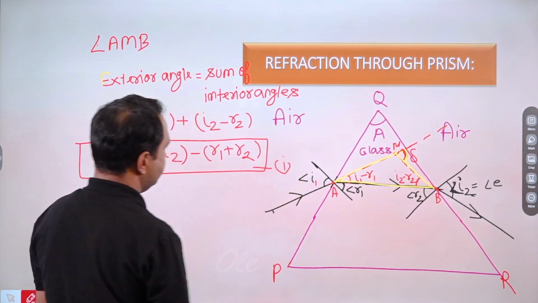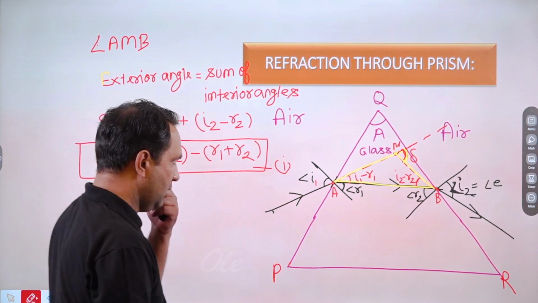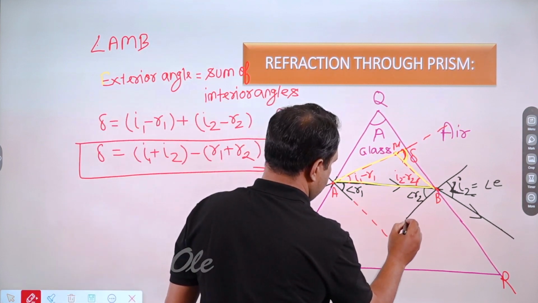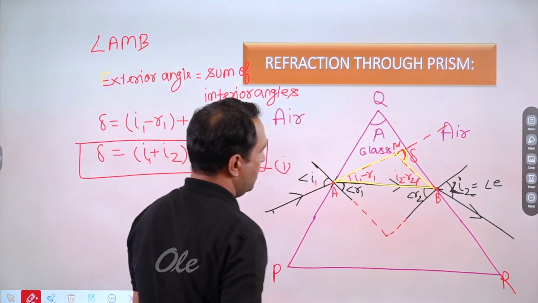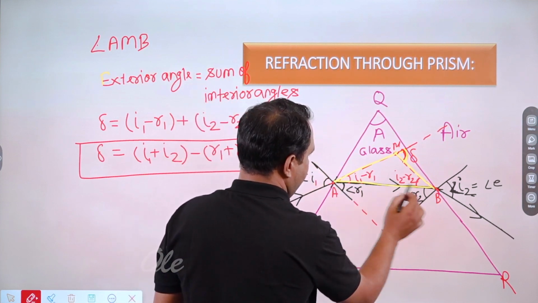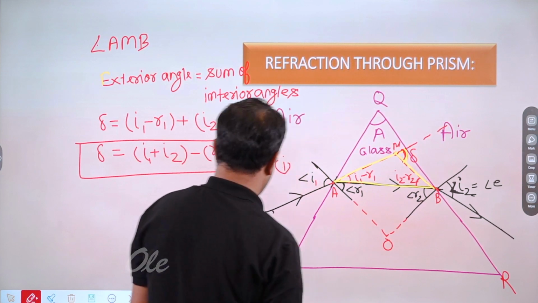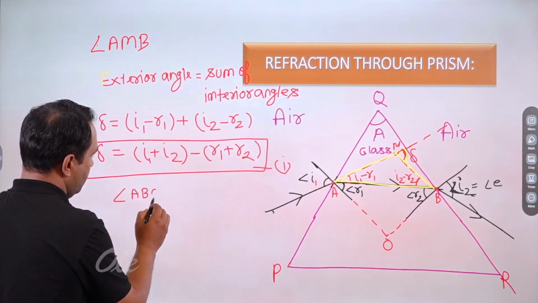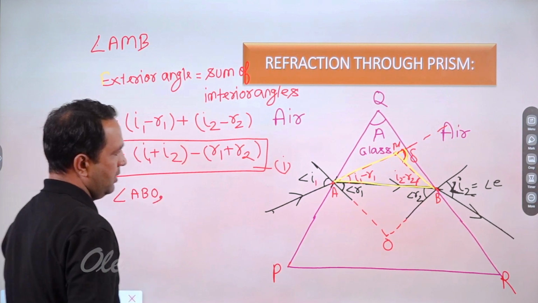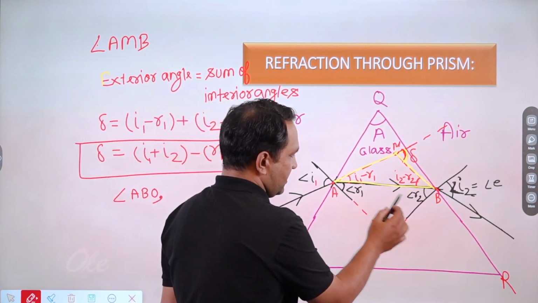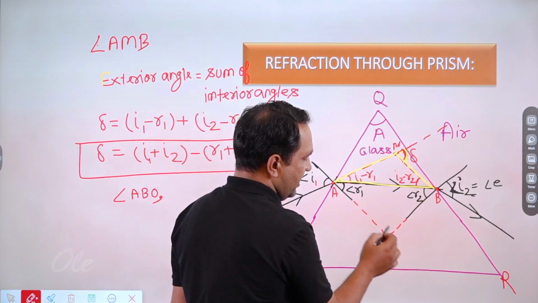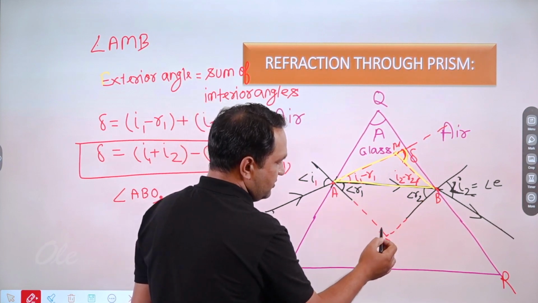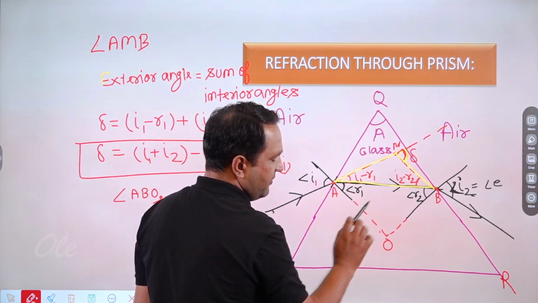Equation 1. Now, if we extend these two, we'll meet somewhere here. So this is a triangle ABO. In triangle ABO, the sum of these three angles should be 180 degrees, right?